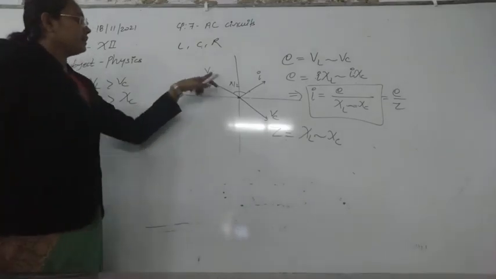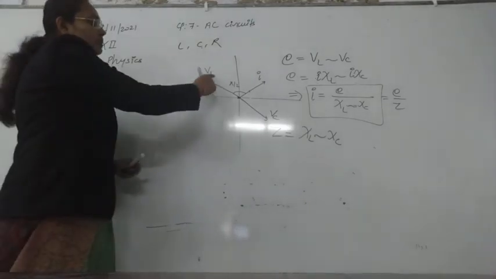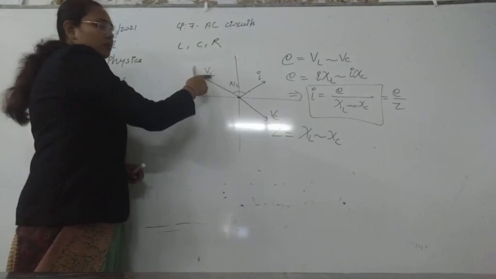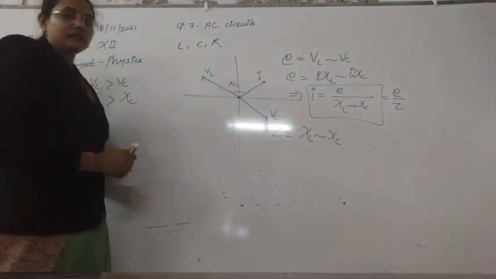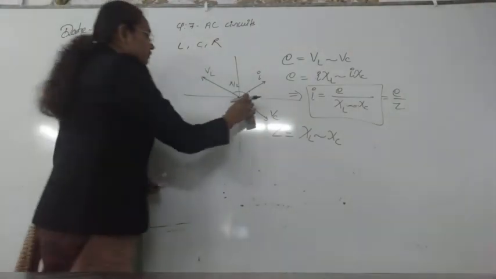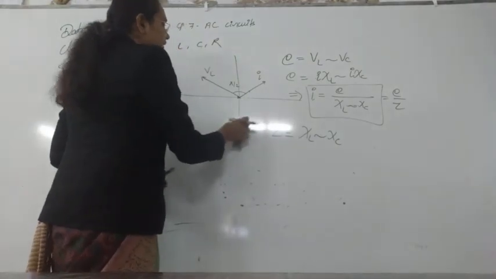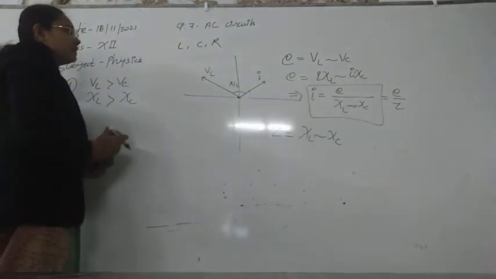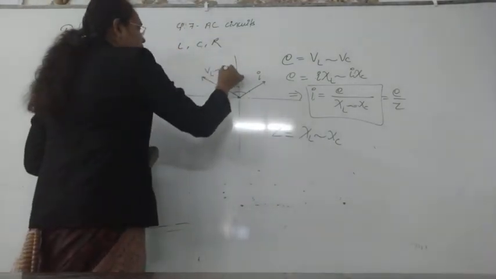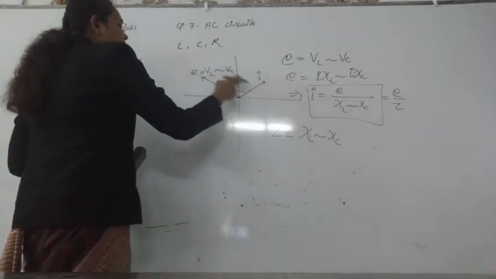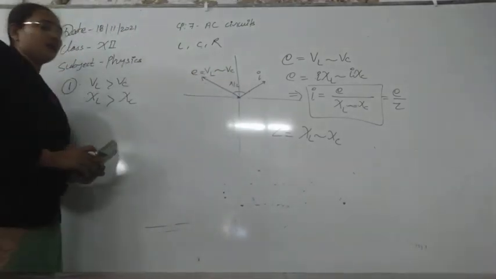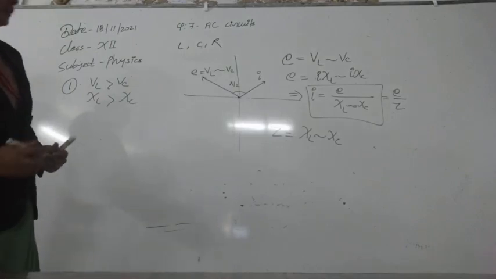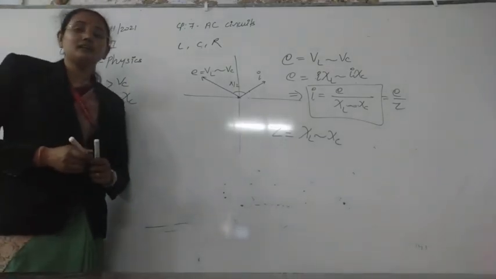For this section, the resultant will be along this one. So VL minus VC will be along this side. So at that time we will have this kind of phasor diagram. We can see our resultant value is leading the current.